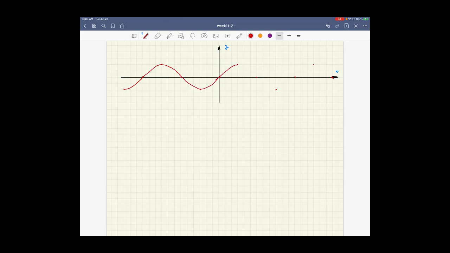Remember, sine is odd. Let's mark points of interest. Five pi over 2, 3 pi, negative pi over 2, negative pi, negative 3 pi over 2, 2 pi, negative 5 pi over 2.